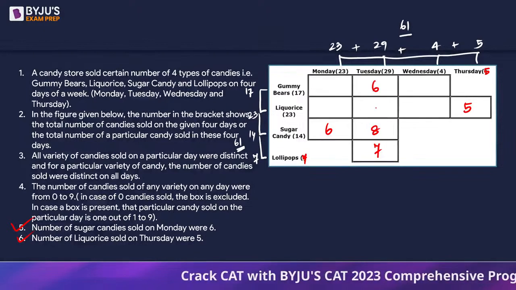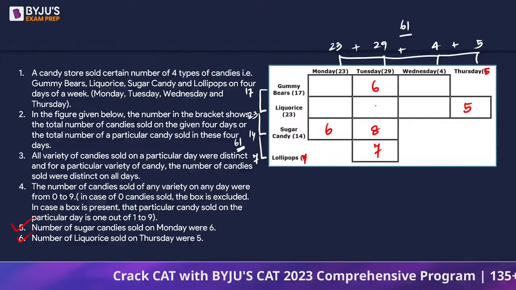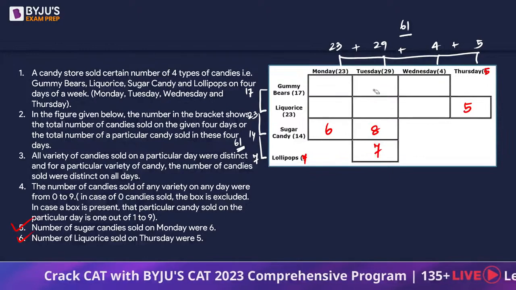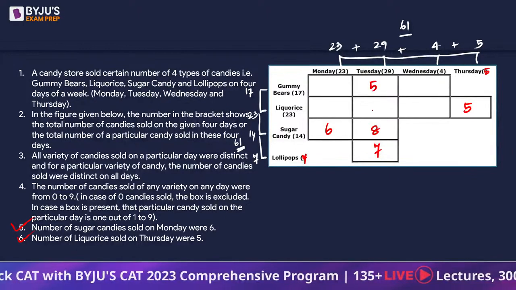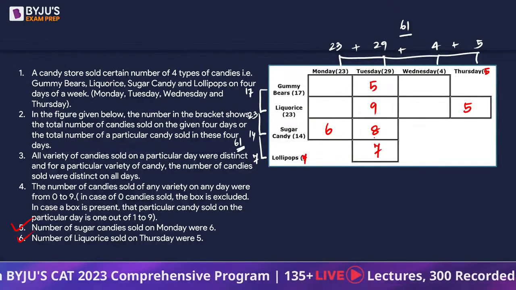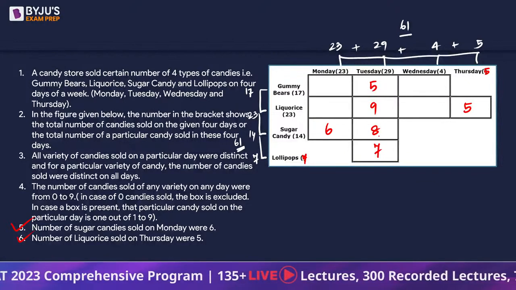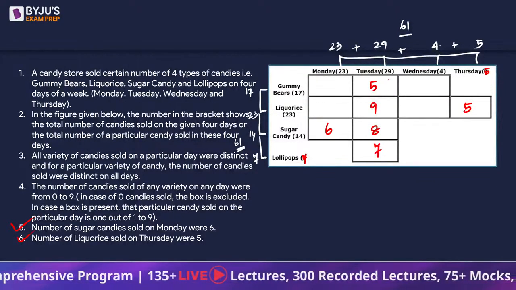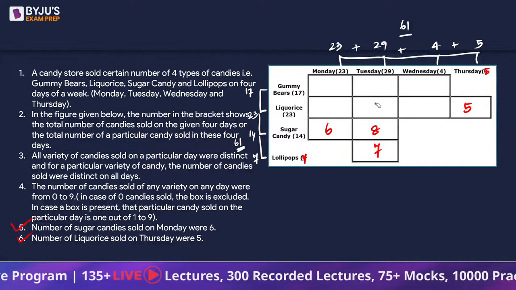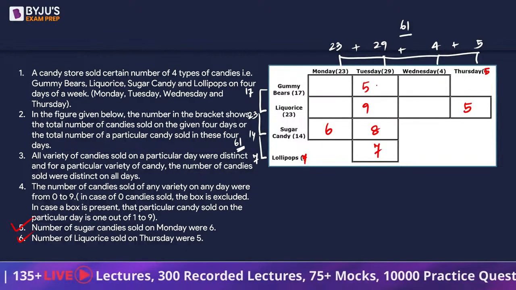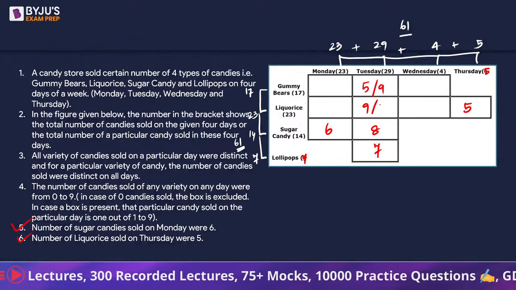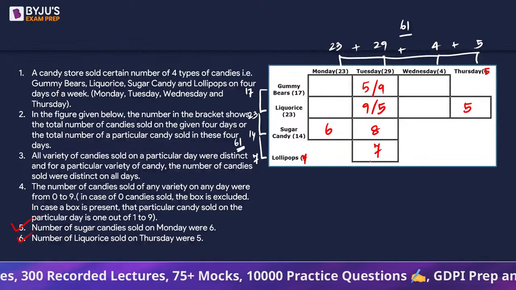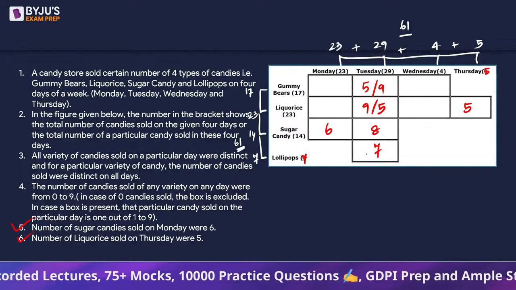If I take 6, it will not work out for 14, right? The next I can take is 5 and 9. 9 plus 5 is 14 and 8 plus 7 is 15. So that the sum is 29 in the column wise. So it's going to be 5, 9 or 9, 5. We don't know that as of now. So let's put in both the cases, right? Okay.